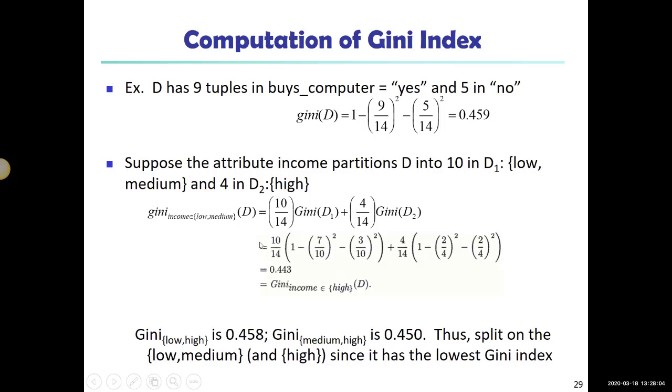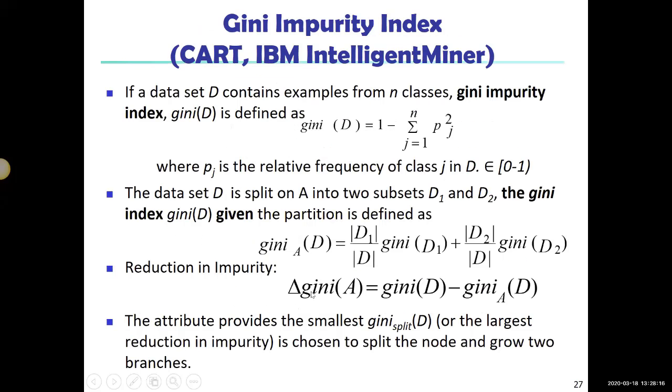Earlier we said we're going to find the attribute that gave us the greatest reduction in impurity, because this Gini of D will not change for a data set.